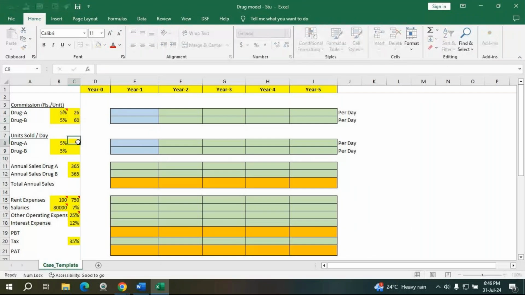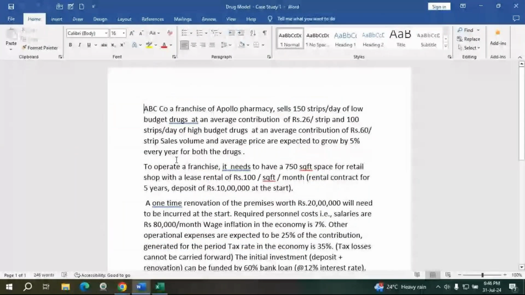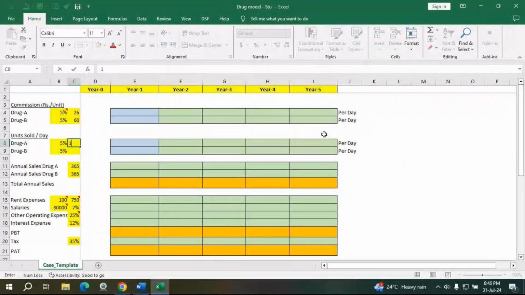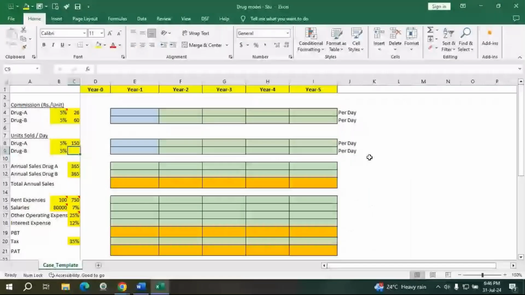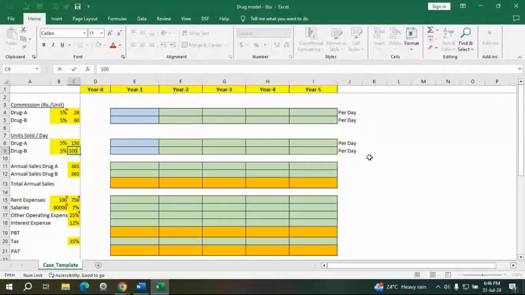So units sold, how much? The low budget drug is 150 strips and the high budget drug is 100 strips.